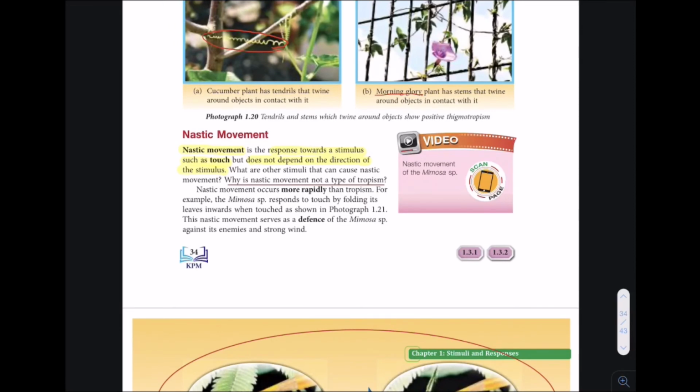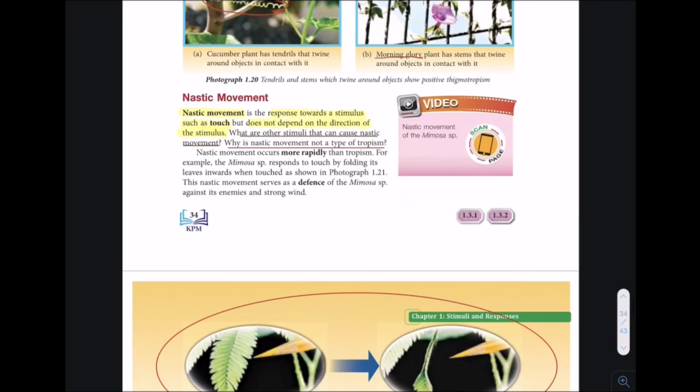There's another question here which asks, what are the other stimuli that can cause nastic movement? Other stimuli such as heat, temperature, and also light can serve as stimuli for nastic movement.